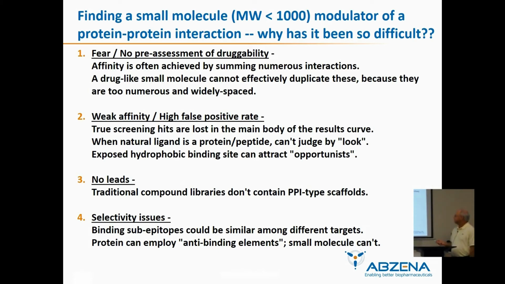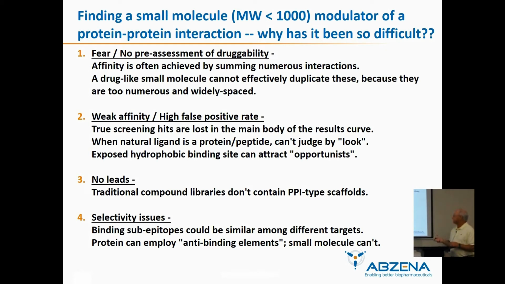So there's a fear that a small molecule will not be able to interfere effectively with a protein-protein interaction. I mean, proteins are big molecules, and the protein-protein interface is a big area. And you don't find a lot of deep indentations in those sorts of interfaces. So affinity is achieved by summing up a lot of weak interactions.